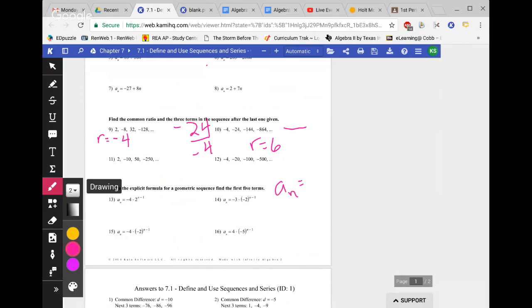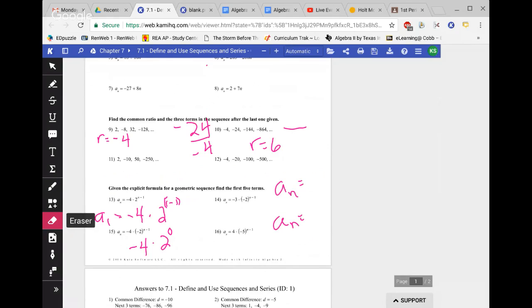So if I'm trying to find the answer for where n equals 1, then over here I would have A sub 1 equals -4 times 2 to the 1 minus 1, that's going to be 0. So technically any number raised to the 0 power is 1, right? Yeah. So that's going to be -4 times 1. So that first number is going to be -4. Okay. Yeah.